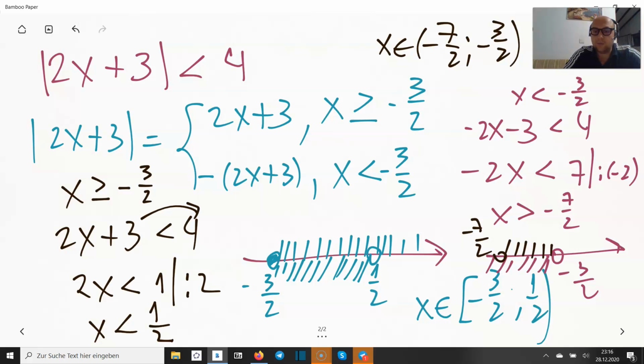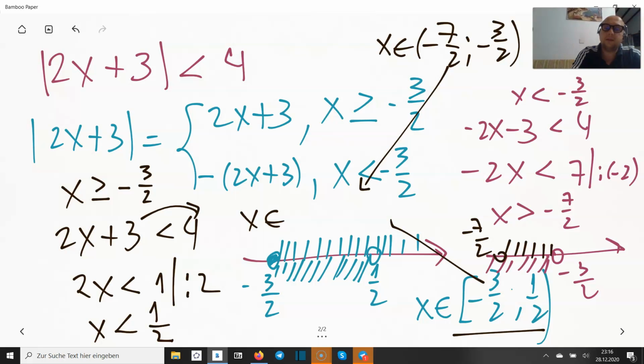And once again, we are meeting at minus 3 halves, so the total solution is a combination of those two, and that would be x is from minus 7 halves up to a half. Okay, and once again, you can check 0 in between: 0 plus 3 is 3, less than 4, yes sir.